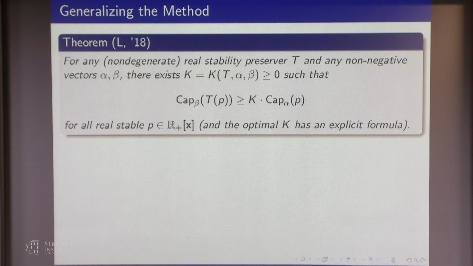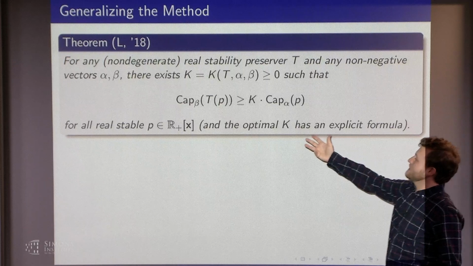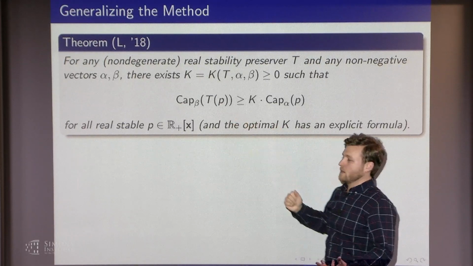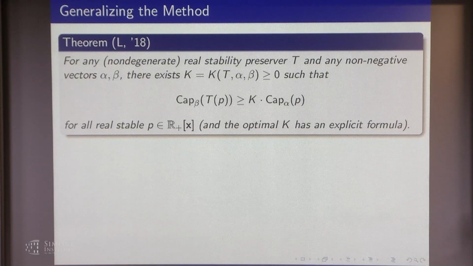Okay, so if T is some, I'm going to call it, non-degenerate real stability preserver, and you have these vectors, then there's some constant that is going to bound the capacity of what you get when you apply this operator T to P. And you're going to get some universal K for any real stable P, and this K is going to be tight.